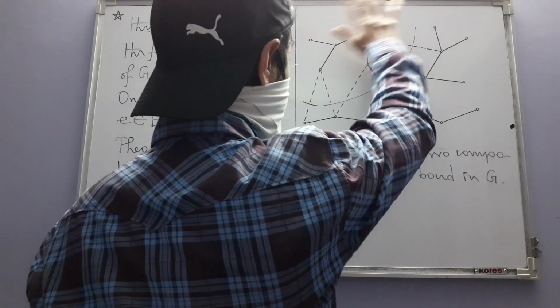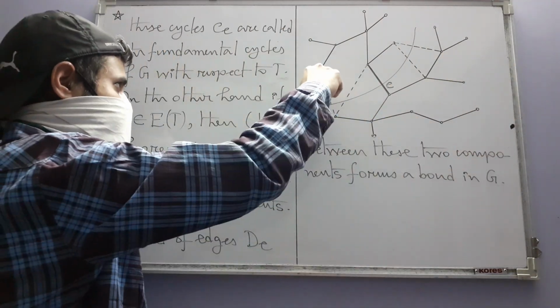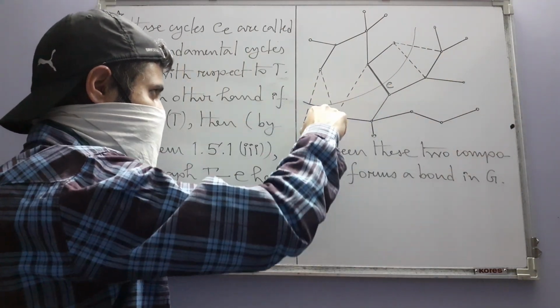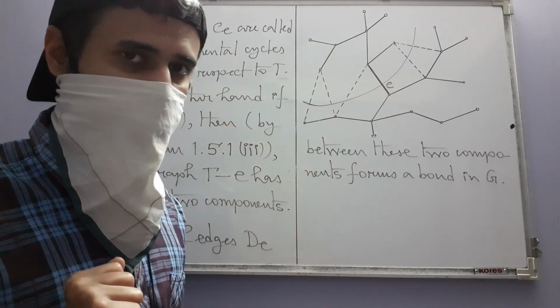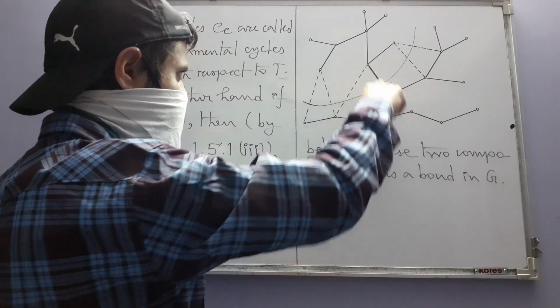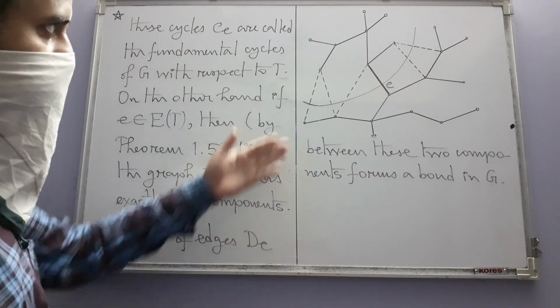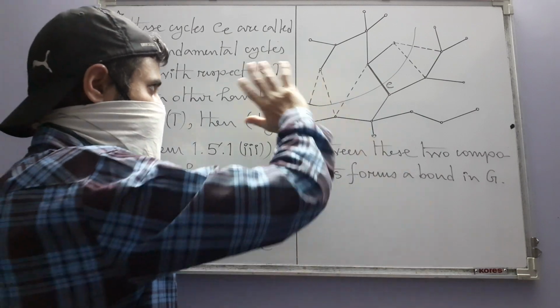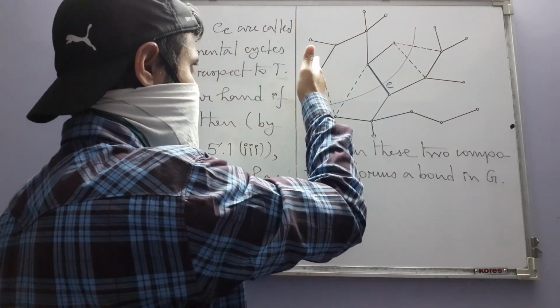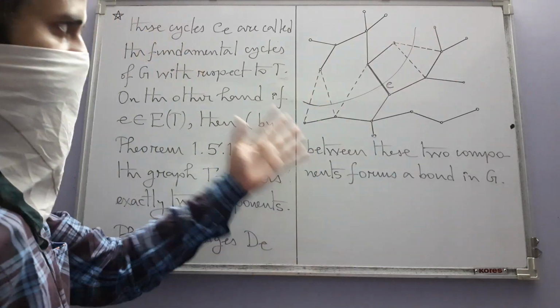Anyway, you have the spanning tree here or a part of it. The dashed edges are not edges in the tree, and you have this single edge E which is there in the tree. You can clearly see that in the part that you can see here, if you ignore the dashed edges, then you get a tree.